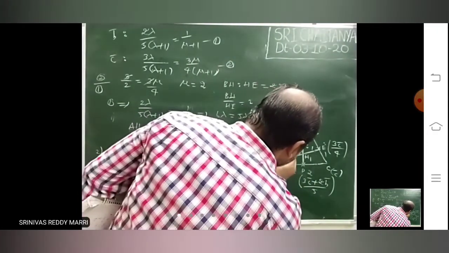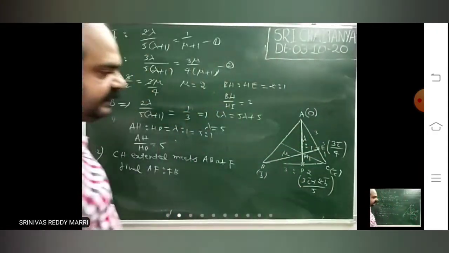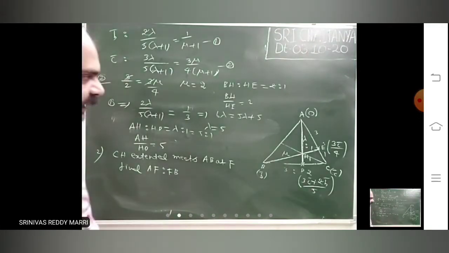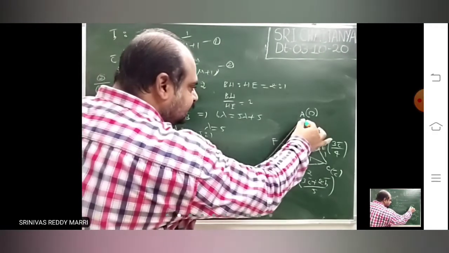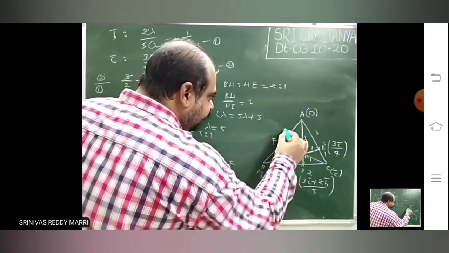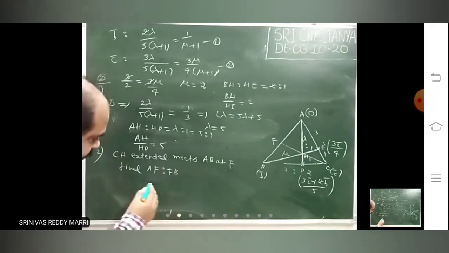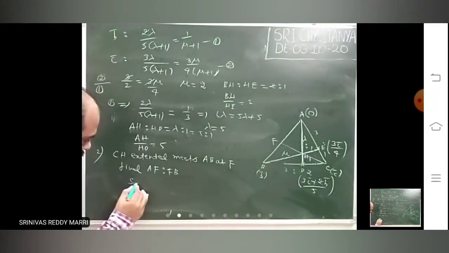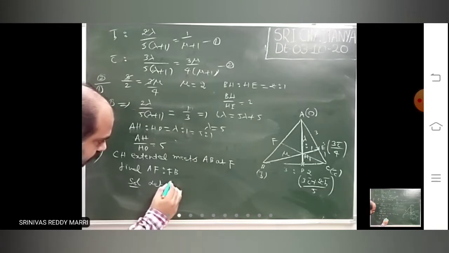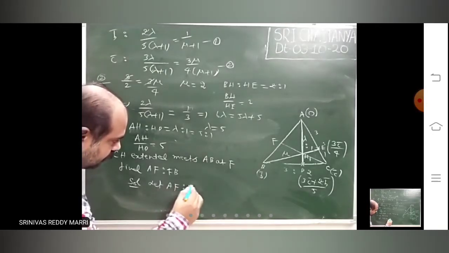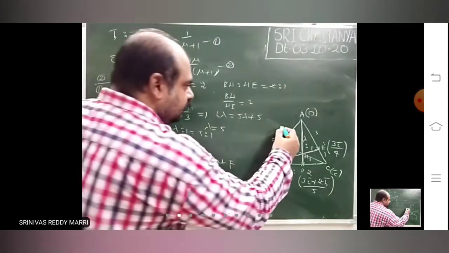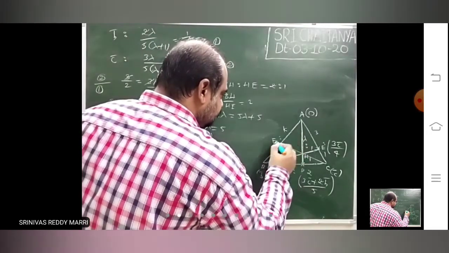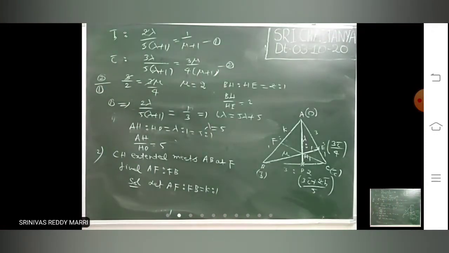So CH extended, joined CH and then extended, it is meeting the opposite side at F. Now he is asking AF is to FB. Let us take K is to 1. So this is K is to 1. Let us take that ratio as K is to 1.